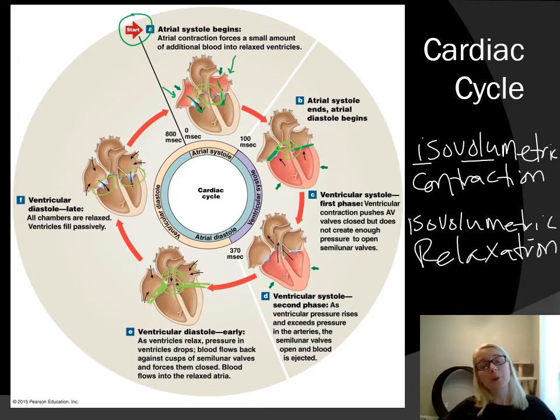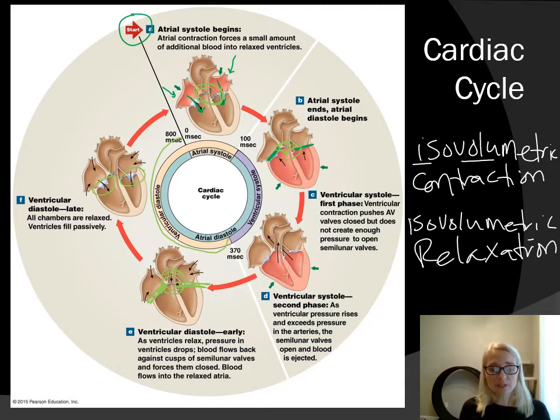All the blood that had been passively coming into the atria can now pour down into the ventricles, and blood continues, and so this is your passive filling. So all the way from here up to here is passive filling from 370 to, a little bit over half, so 430 milliseconds, you have blood just pouring through the relaxed atria down into the relaxed ventricles.